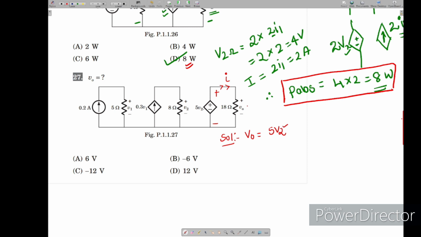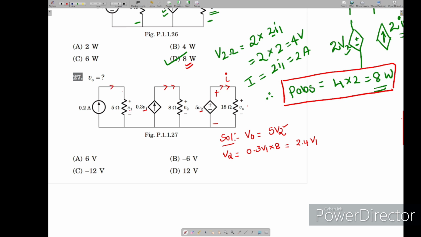If you see V2, again I told you this is a dependent source, you always target V2. V2 is nothing but the drop across the 8 ohm resistor. 0.31 times 8 equals 2.4 times V1, which is V2. So again I told you, target V1. So what is V1?